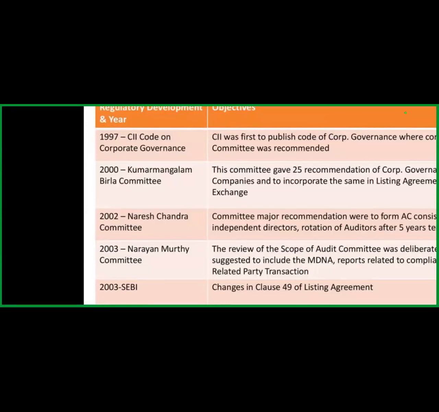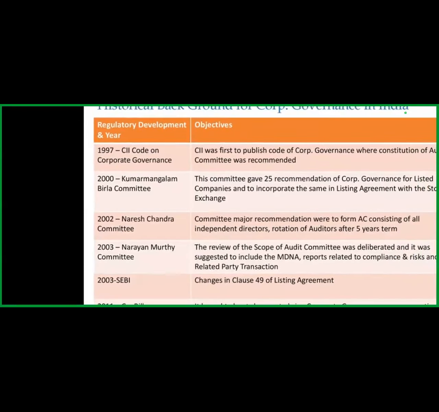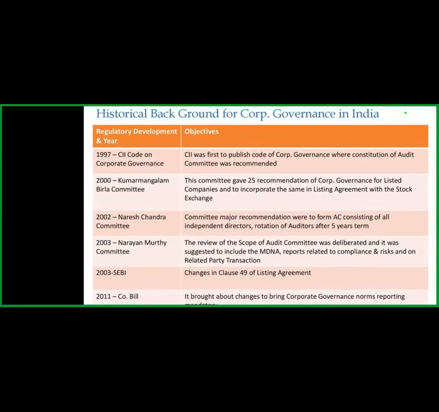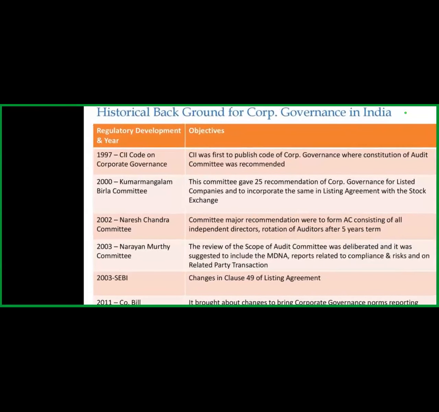It's a very important body which represents the interest of industries. So CII was first to publish the Code of Corporate Governance, where constitution of an audit committee was recommended. Audit committee.